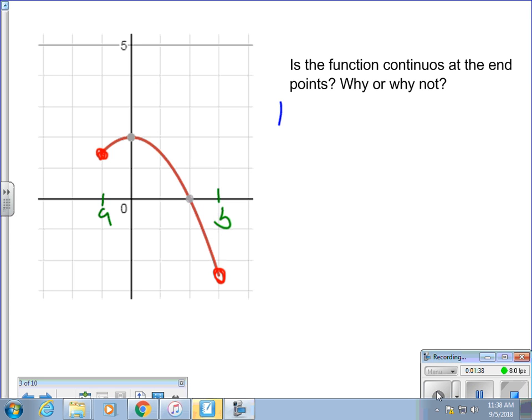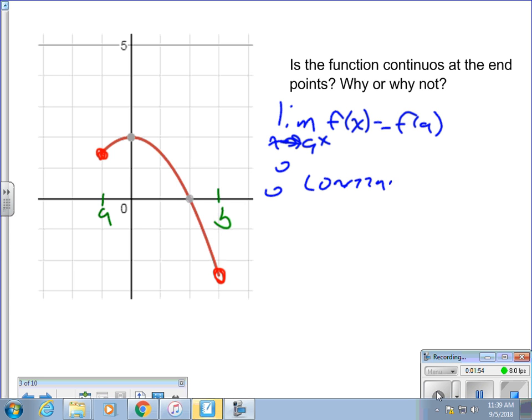With endpoints, you use right and left-hand limits. The limit as x approaches a from the right of f of x is equal to f of a. Therefore, it is continuous at x equals a. So at the left endpoint, it is continuous.